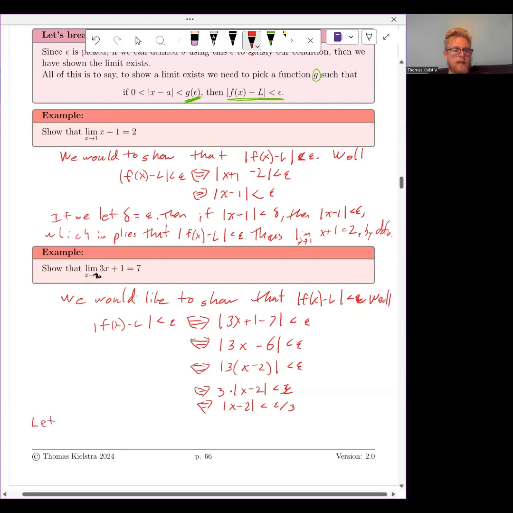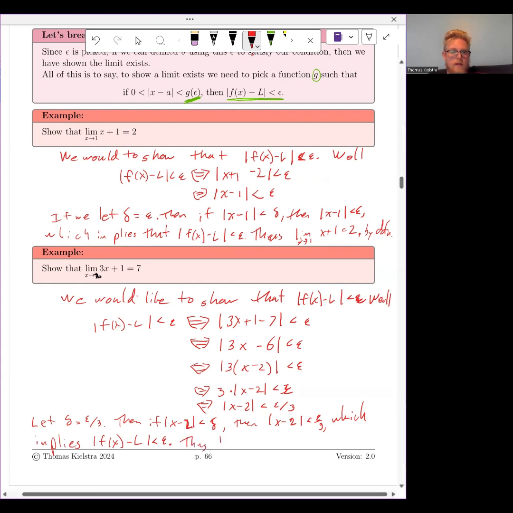Let delta equal epsilon over 3. Then, if the absolute value of x minus 2 is less than delta, then the absolute value of x minus 2 is less than epsilon over 3, which implies the absolute value of f of x minus L is less than epsilon, using our if and only if statements.